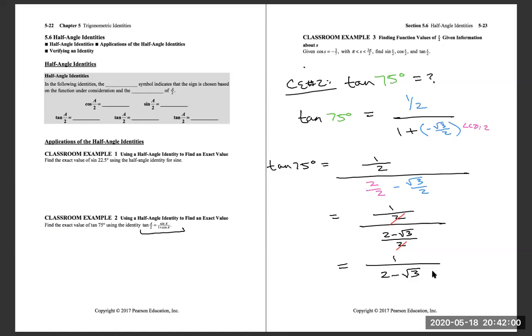Now if you get something like this, you don't want to leave a root in the denominator. You might not remember this because it was algebra review from our first week many months ago, but we're going to go over how to rationalize this next. Let me save a picture.